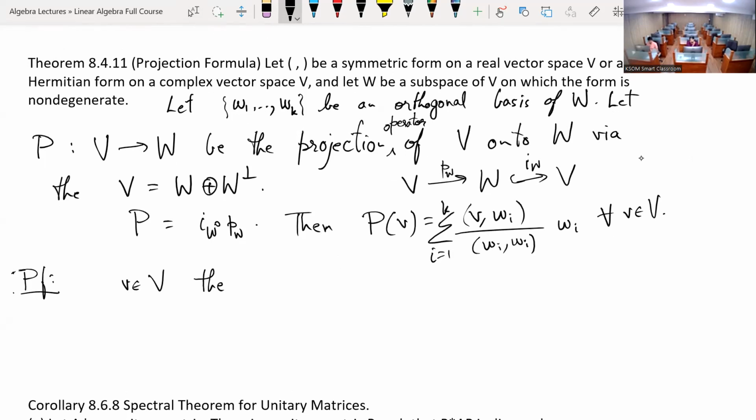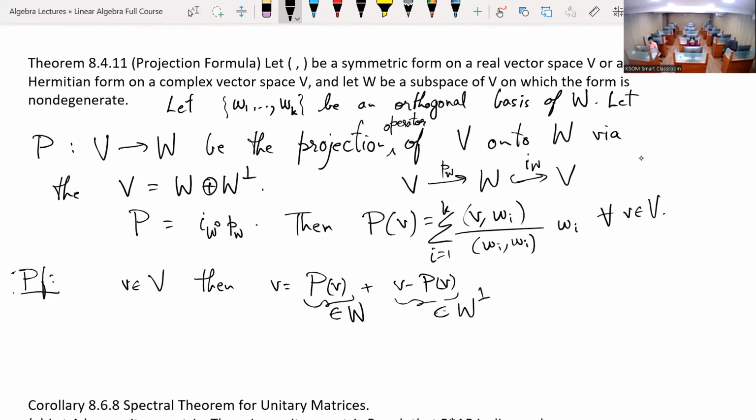Then V equals, let's say, PV, the projection onto W, plus V minus PV, where this is in W and this is in W perp.